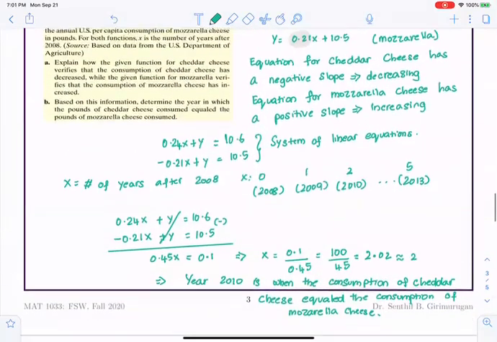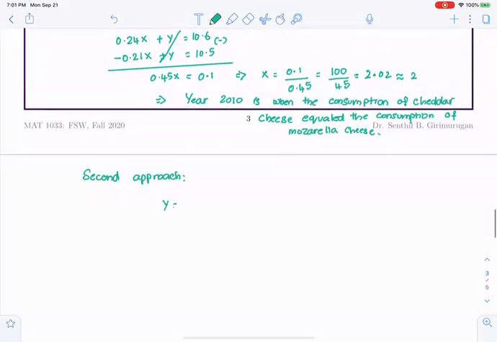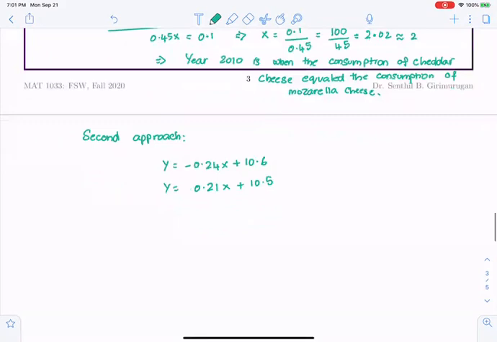So we have equation y, and we have the second equation, 0.21x plus 10.5. So this is the amount of cheddar cheese. And that is the amount of mozzarella cheese.